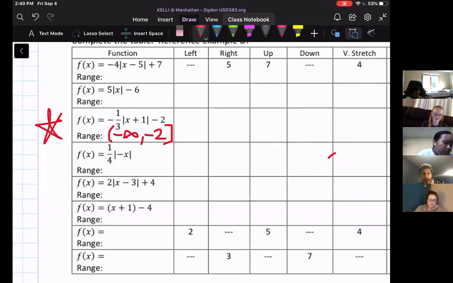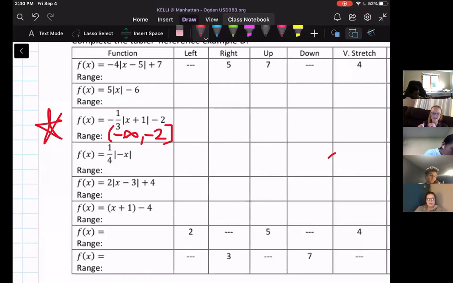So just looking at the one right above it, I'm not 100% sure if that's the highest point or the lowest point quite yet, but is the 5 or the -6 going to be what defines our domain or our range? I'm sorry. What do you guys think? -6.